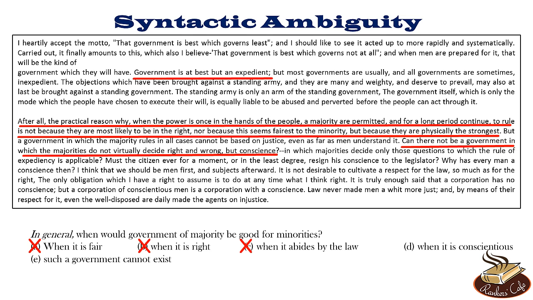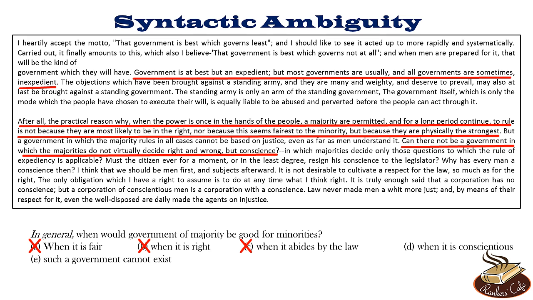Although he does say government is at best but an expedient, but most governments are usually and all governments are sometimes inexpedient. The writer's point is that government is at best a practical necessity, but ordinarily most governments and sometimes all governments are not practical or not advisable.